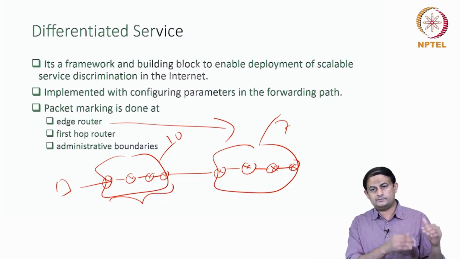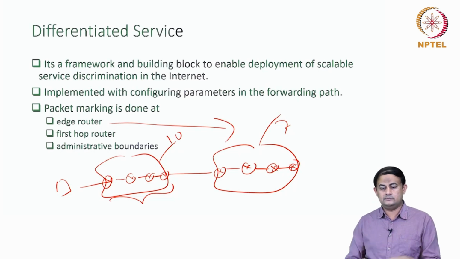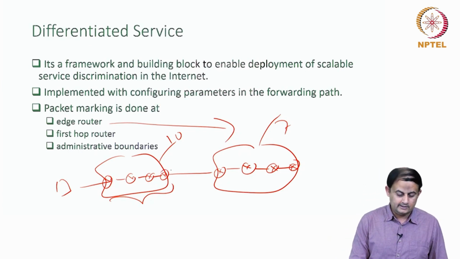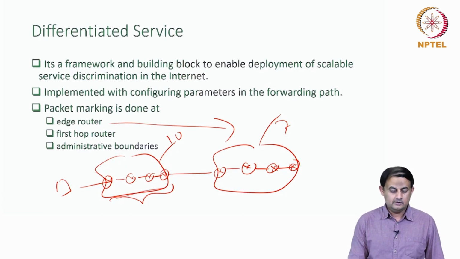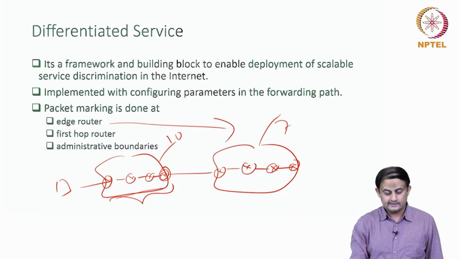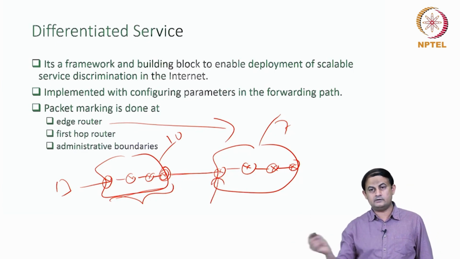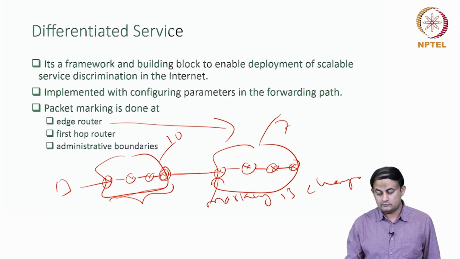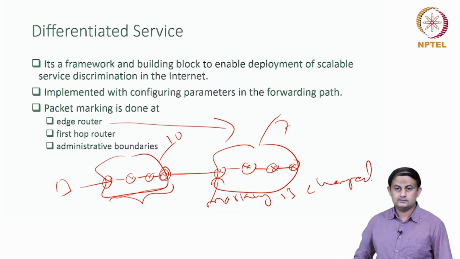Which one of these maps to which type of code point that we have in the second model? So when the marking is done, that marking is valid in this particular network. When it hits the boundary of this network and enters another network, the same packet might be remarked at the edge router or boundary router of the second network. The marking might be changed, or not necessarily changed.